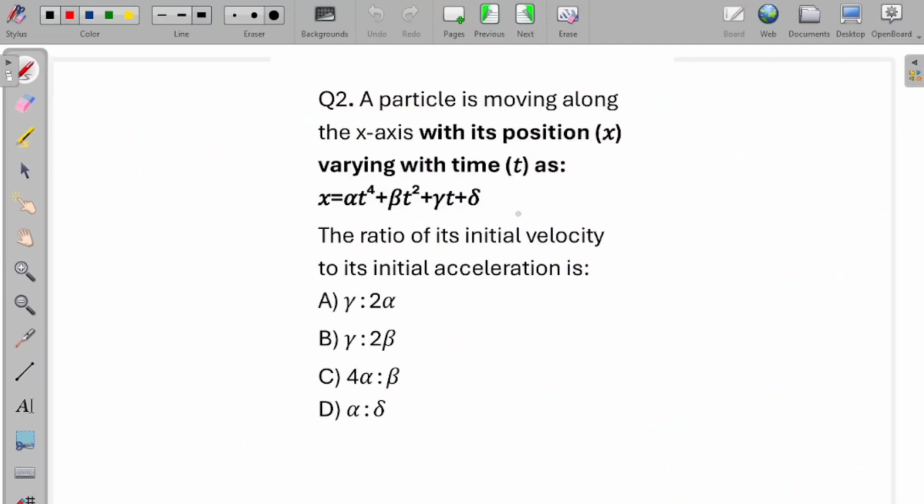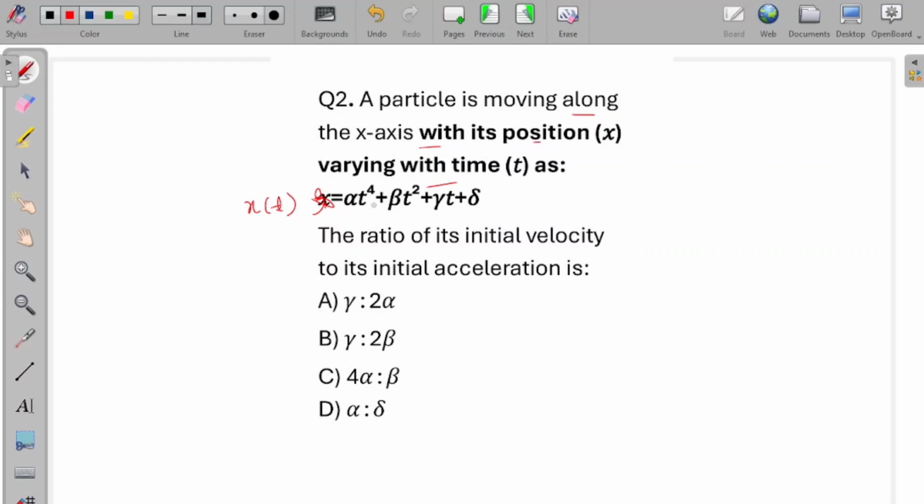Now the next question. Question number 2 says, a particle is moving along x-axis with its position varying with time as x is equals to... This should be written as x as function of time since it is varying with time. So ignore this.